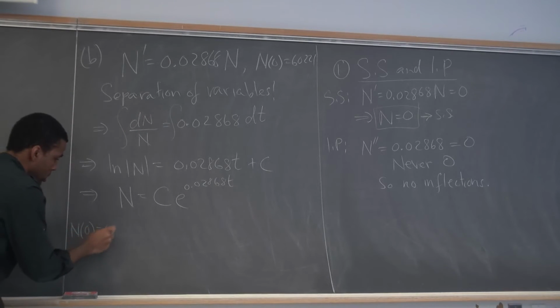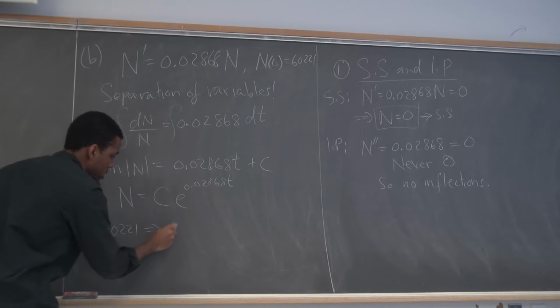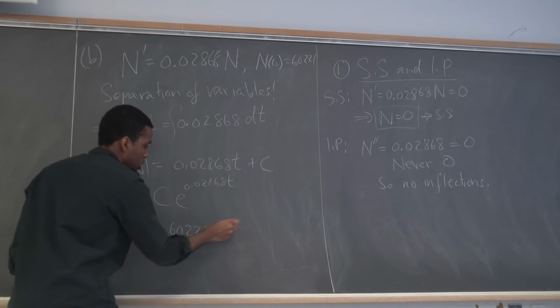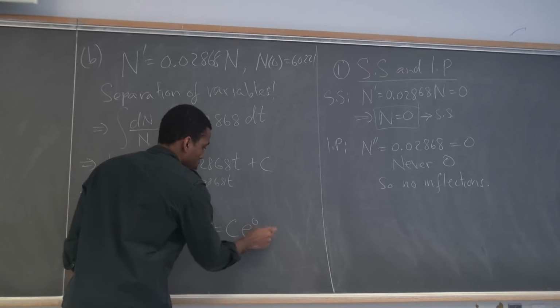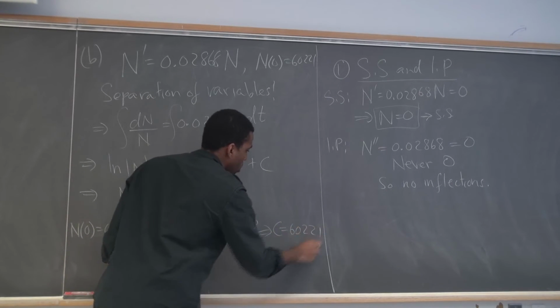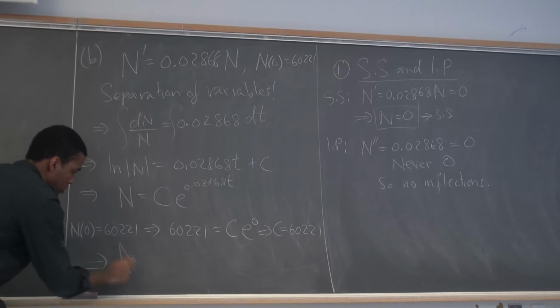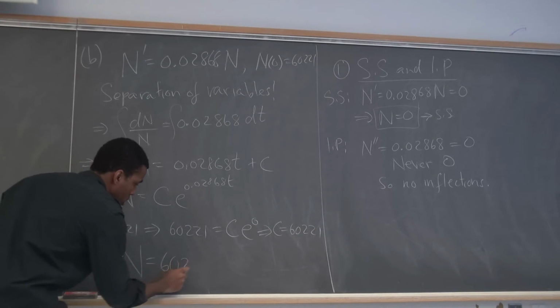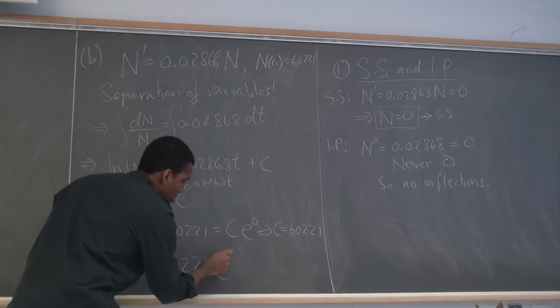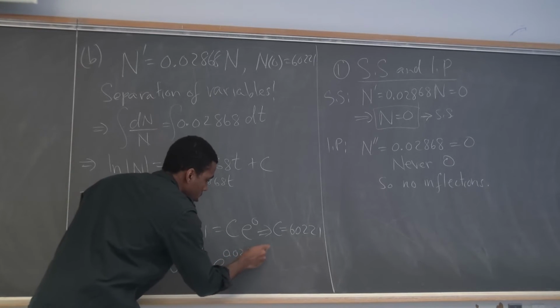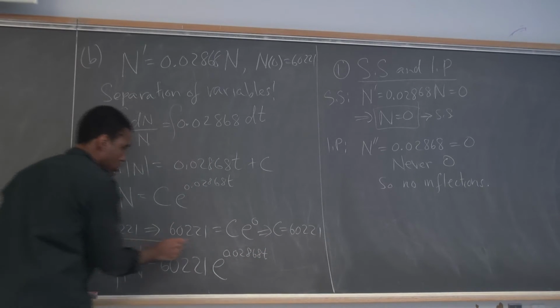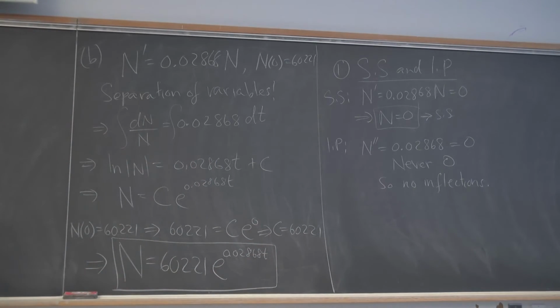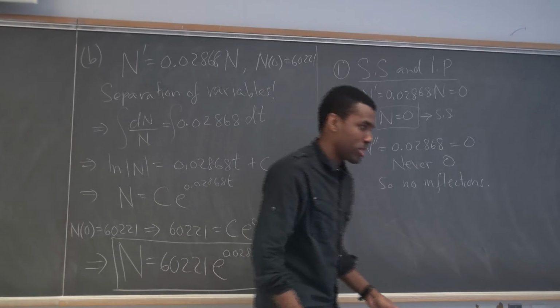And then n of 0 is equal to 60221, which means that 60221 is equal to c e to the 0, which means your c is 60221. This means the equation for this population is 60221 e to the 0.02868 t. And at this point, going through a separation of variables problem should be like, yeah, this is the next step. You get bored while doing it, hopefully. That's what should be happening by now.